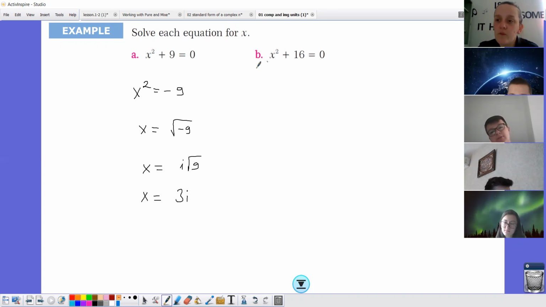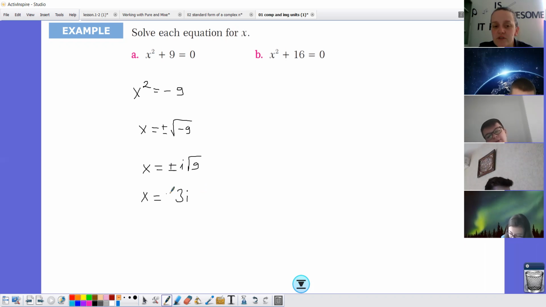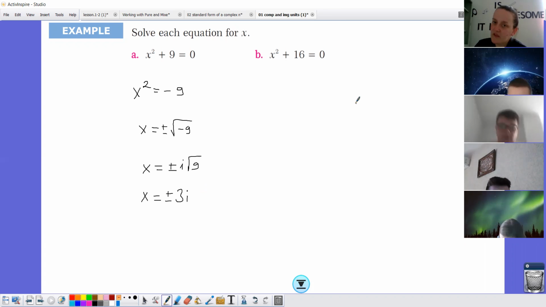Oh, yes. When we have a quadratic equation, you need to have two solutions always. So this is quadratic, and you need to have one positive, one negative. Okay, the other ones, can you say directly what will be the solutions?